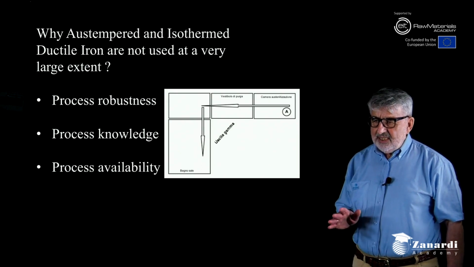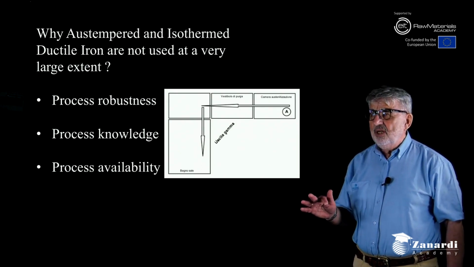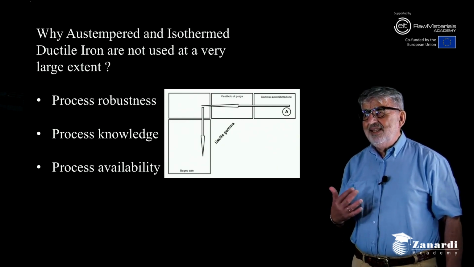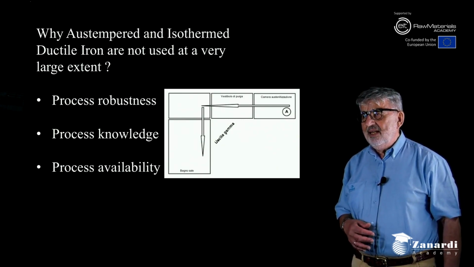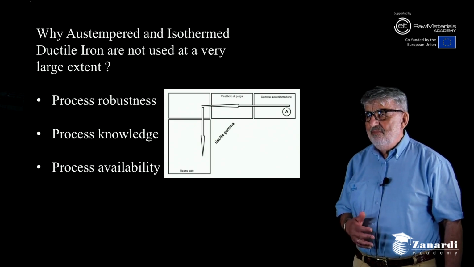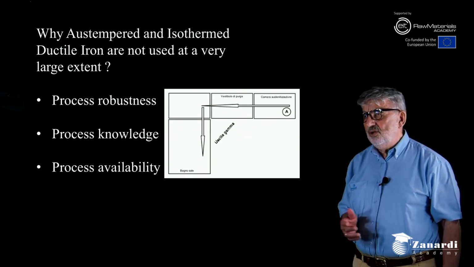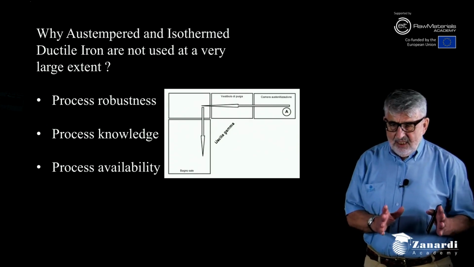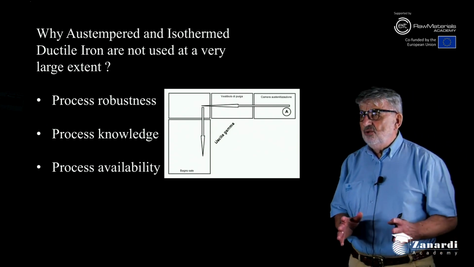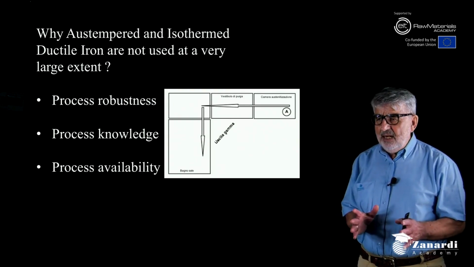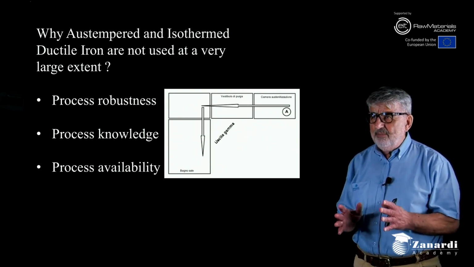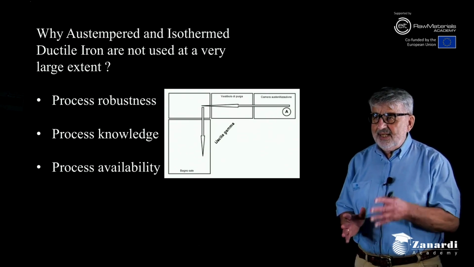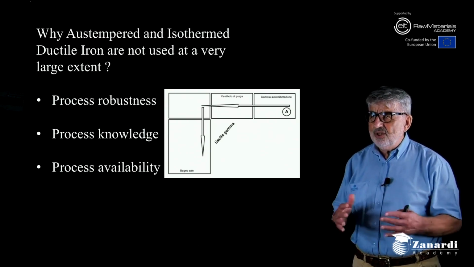It is very important that the austenitizing chamber guarantee a uniform temperature inside the castings before quenching into the salt bath. And then the transfer between the austenitizing chamber and the salt bath needs to be made in a controlled, repetitive way to avoid scatter in the temperature loss during this transfer.